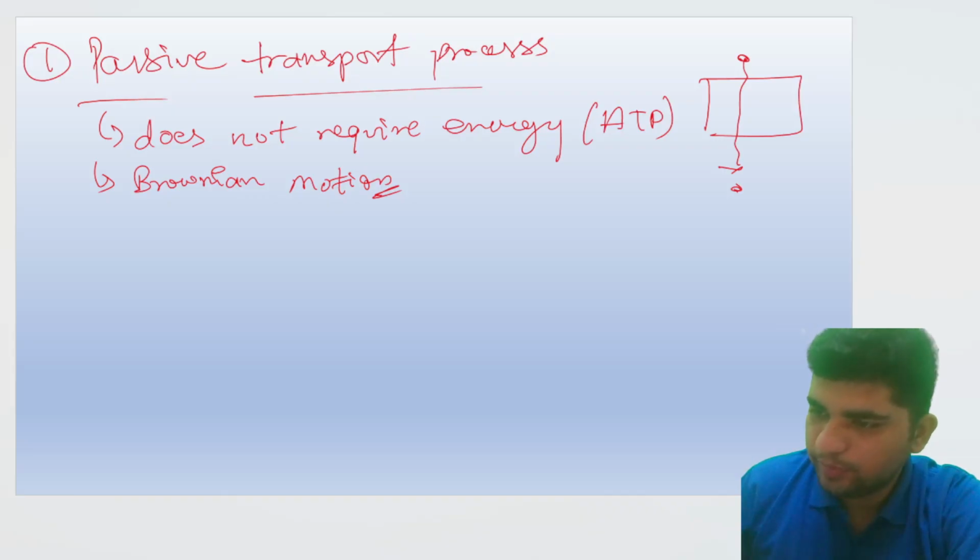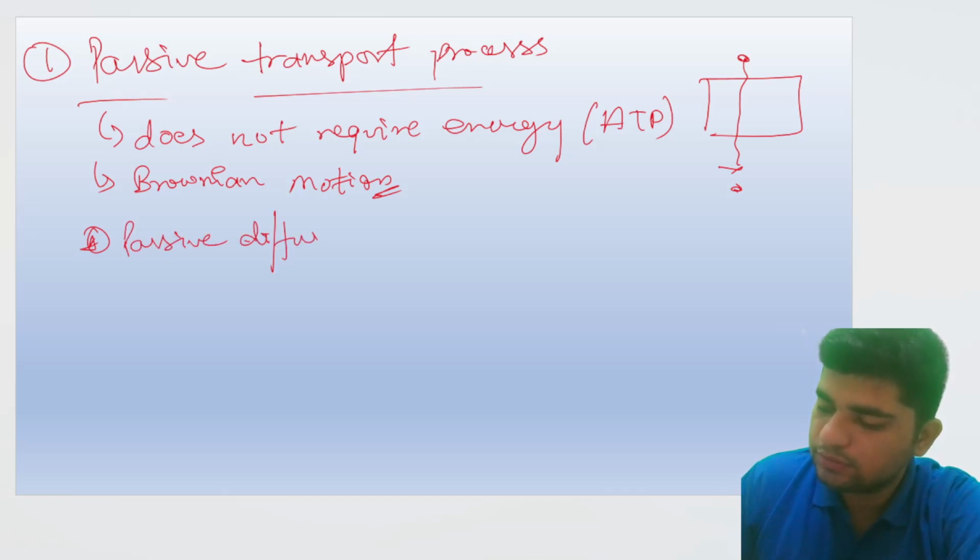So there are different kinds of passive transportation. The first one is passive diffusion, very much known to you. The second one is pore transport. The third one is ion pair.